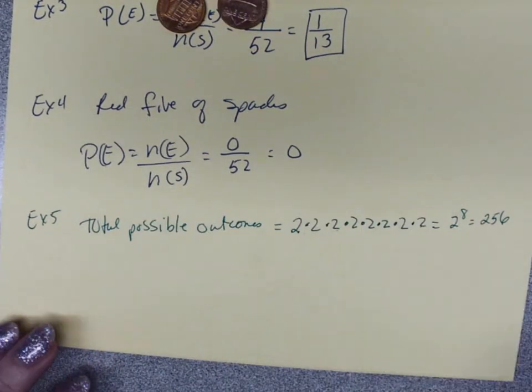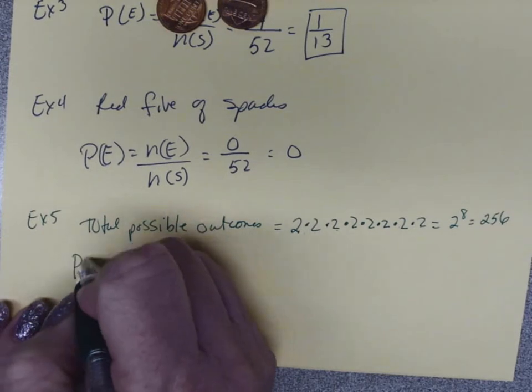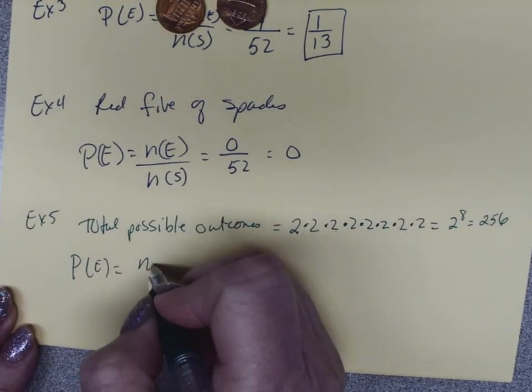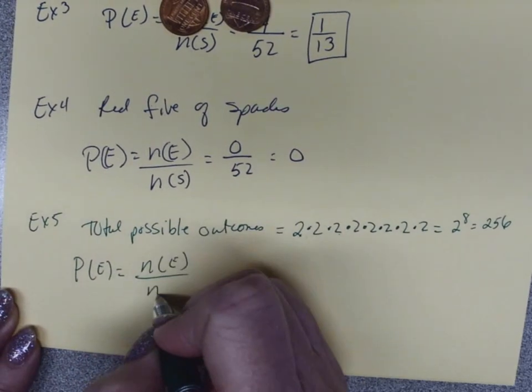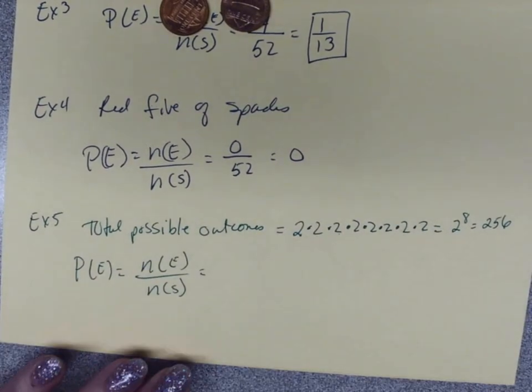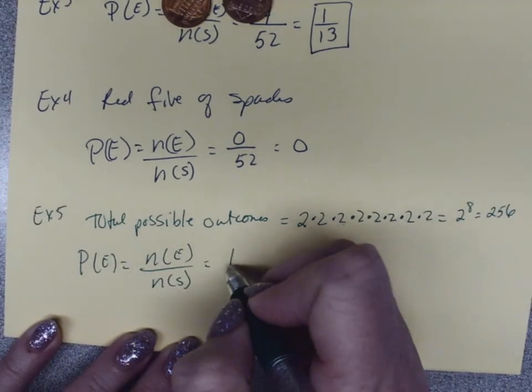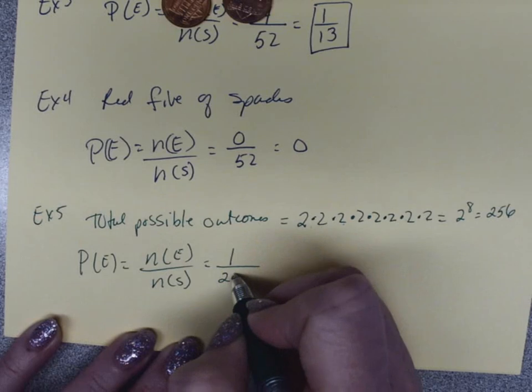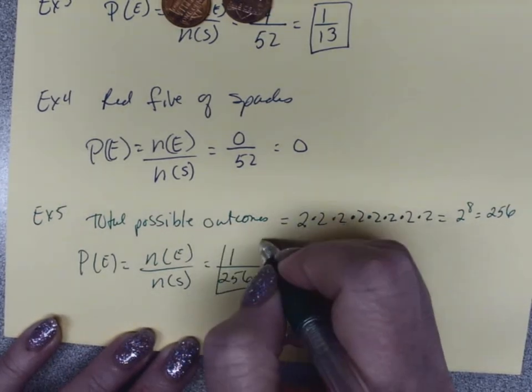All right, so we look at our P of E is equal to the N of E divided by the N of S, would be 1 opportunity to get all girls, and our sample space is 256.